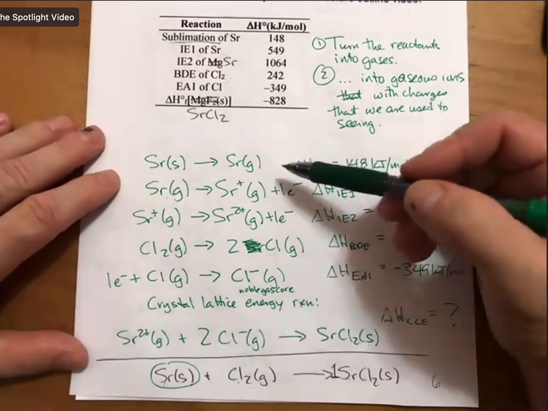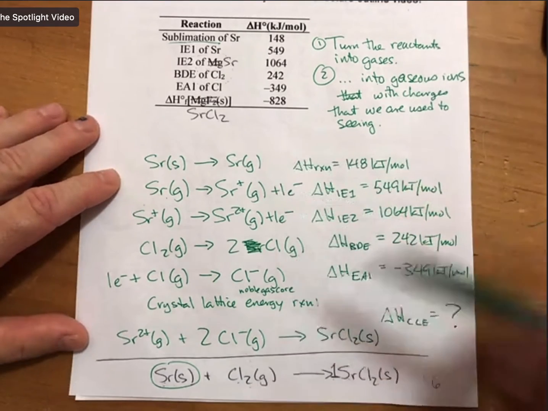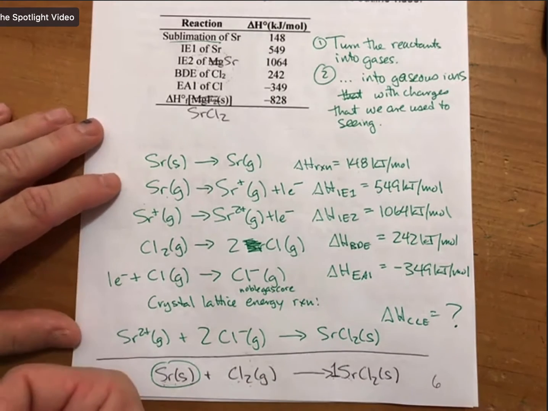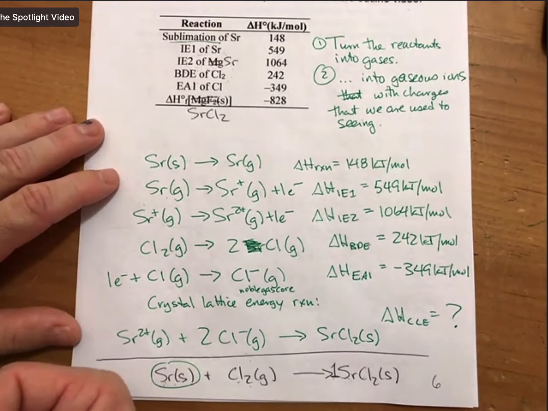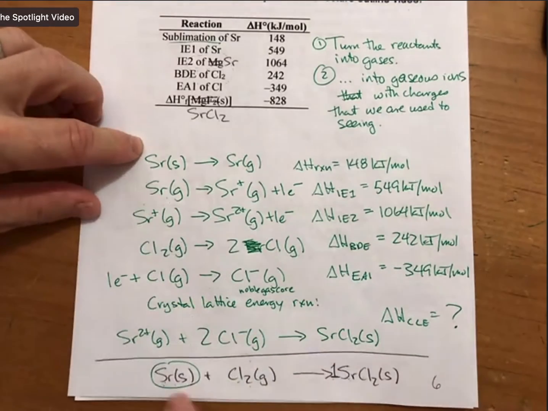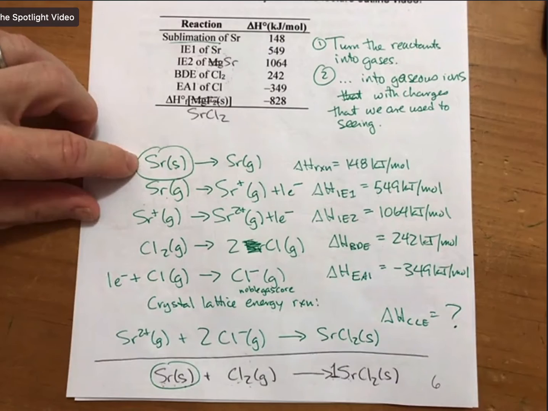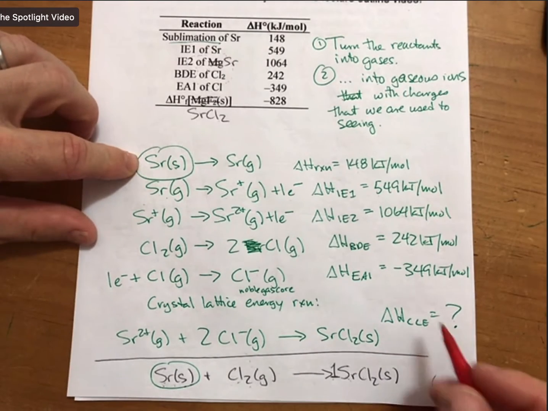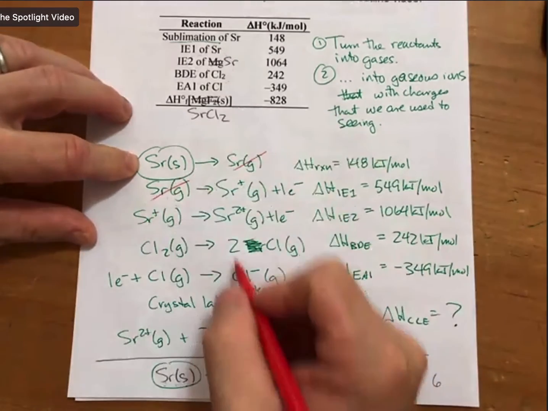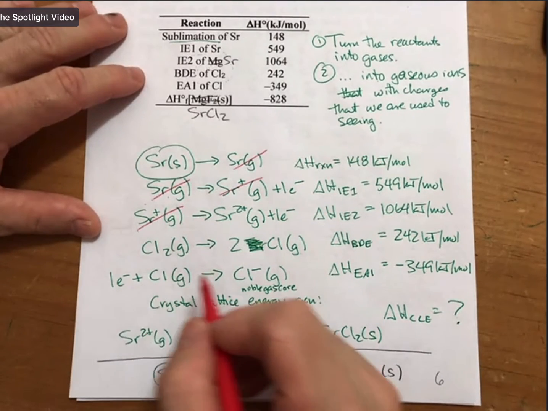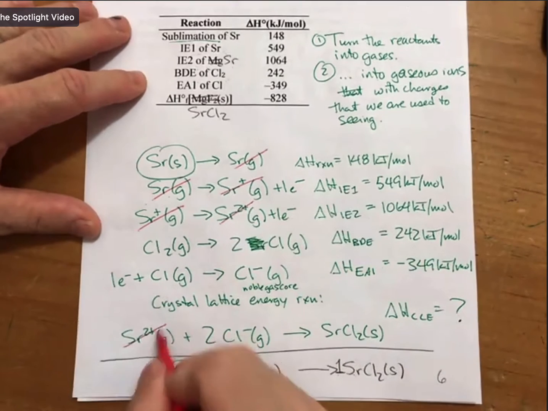And if you now go through all of these reactions, you will find that a la Hess's law, the only things that do not cancel out are going to be the strontium solid. All right, strontium gas cancels, strontium plus 1 cancels, strontium plus 2 cancels.